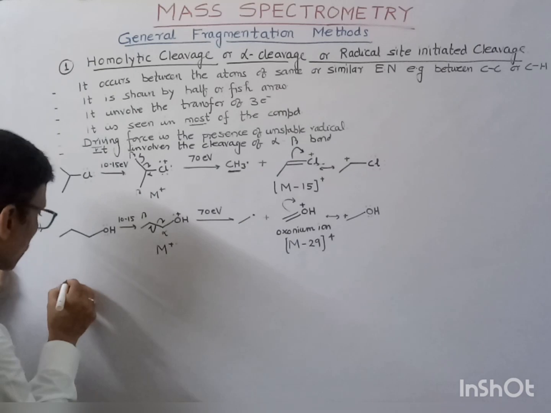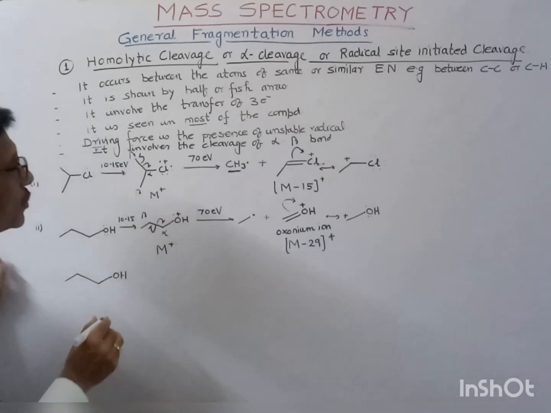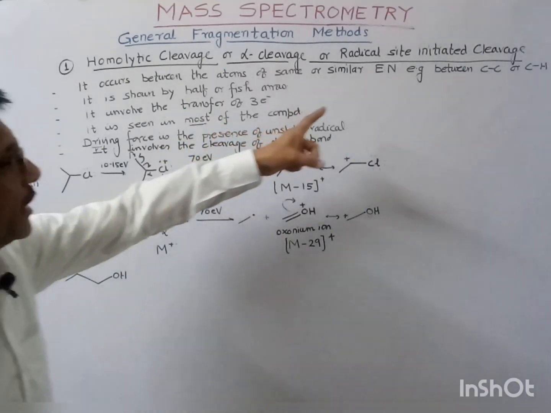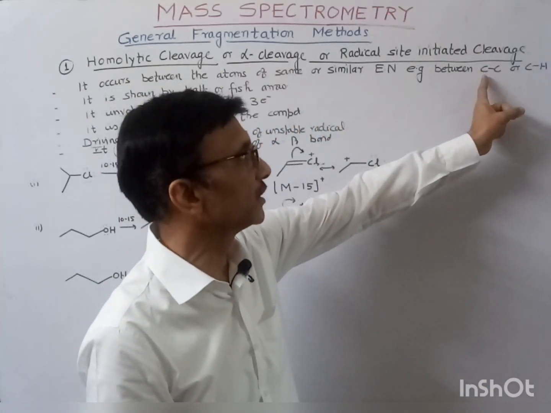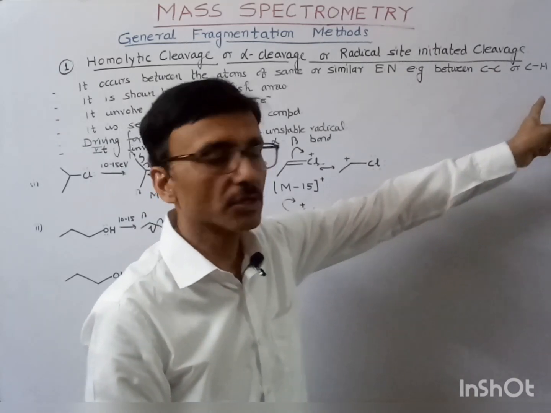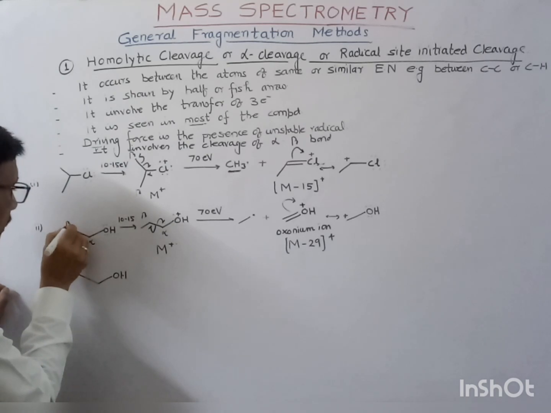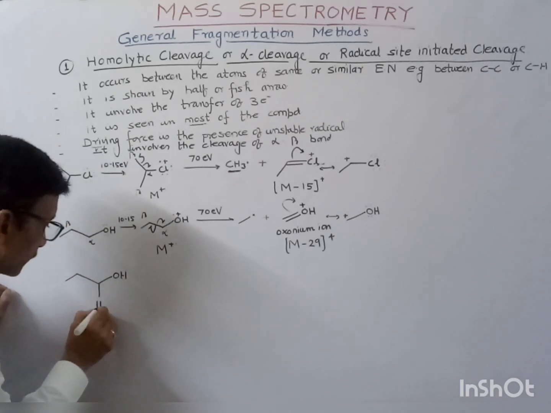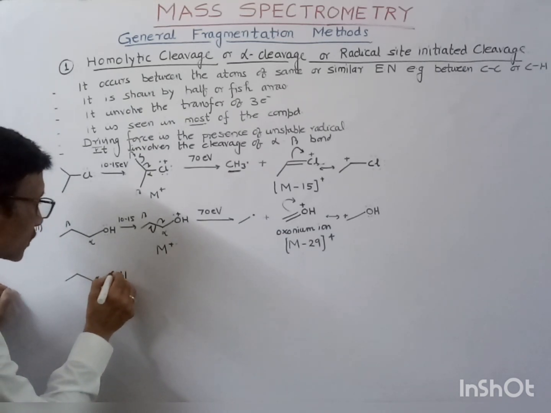Now in the same way we can also represent another cleavage. As I told you, this cleavage may take place between atoms of similar electronegativity, either carbon-carbon or carbon-hydrogen. So this is alpha-beta, this is also alpha-beta. This is alpha and this is beta, so it may also undergo cleavage.